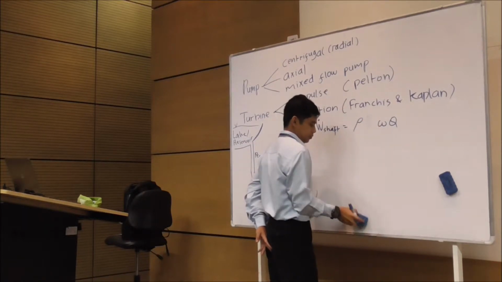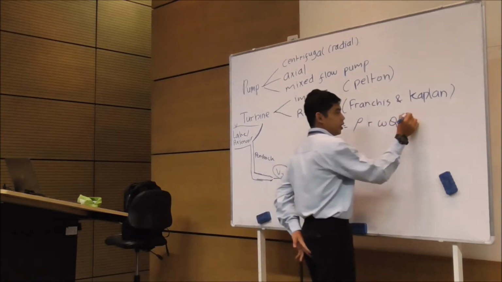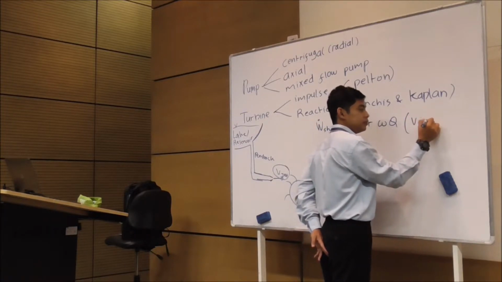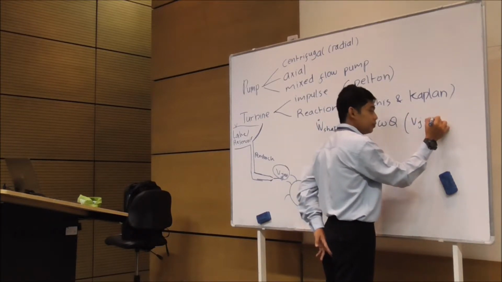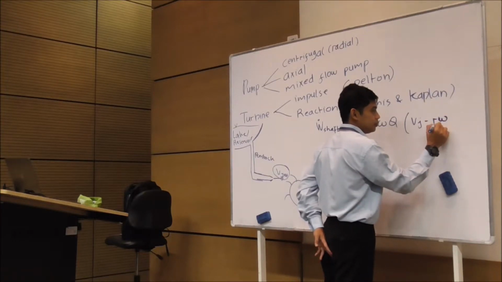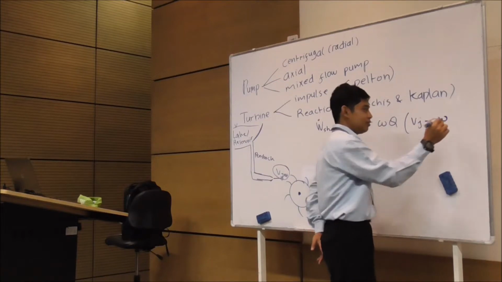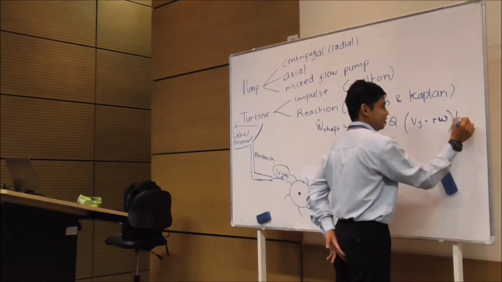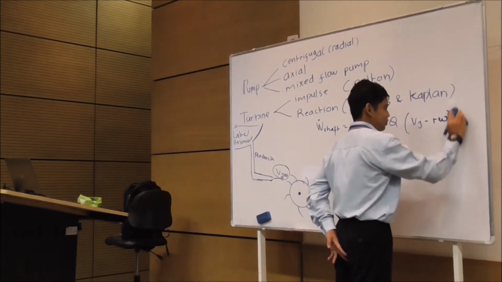Small r, right? Bracket, Vz minus r omega, close bracket. Another bracket, 1 minus cos beta.